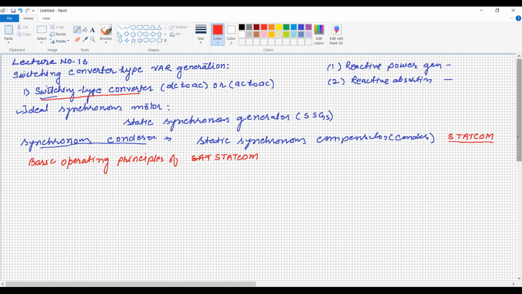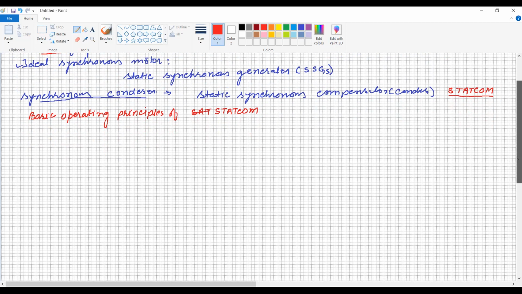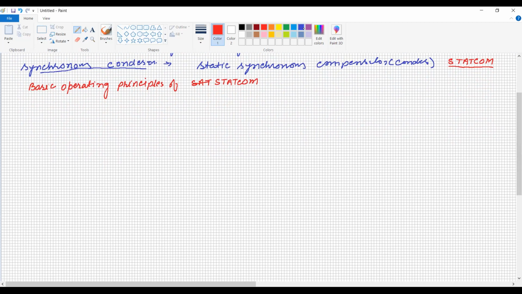First, we will use a synchronous motor and its operation for the VAR compensation in the transmission line. So this is the transmission line.